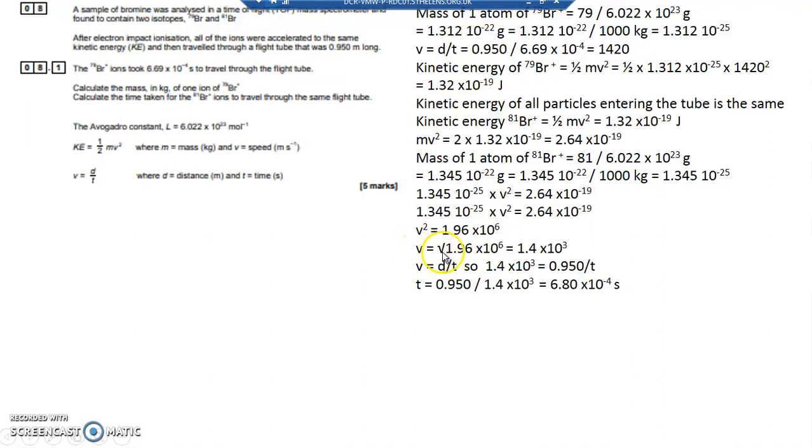Square root both sides, v is 1.4 times 10 to the power 3. Now I can work out the time because I've got v. Distance is the length of the tube, 0.950, divided by the velocity, so time is 0.950 divided by 1.4 times 10 to the power 3, which is 6.80 times 10 to the minus 4 seconds.